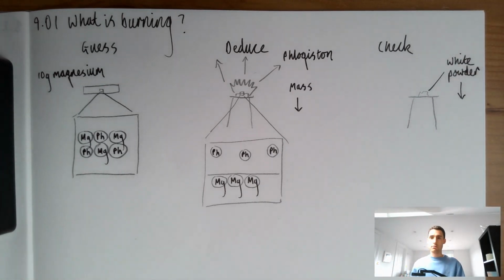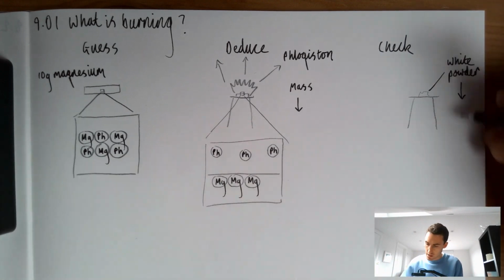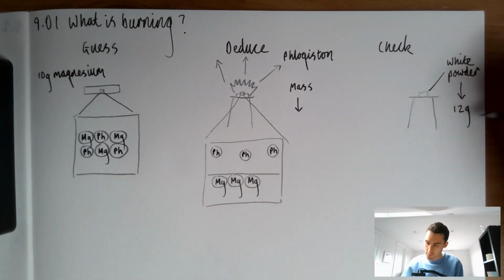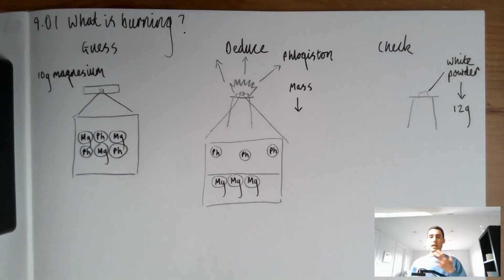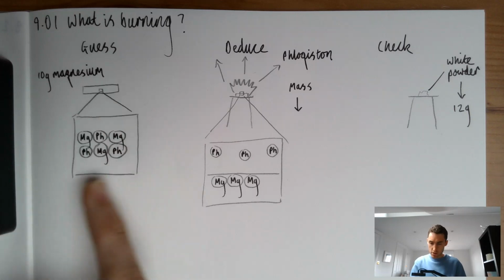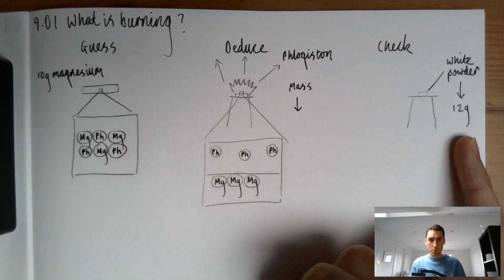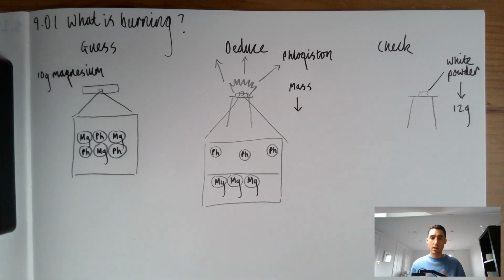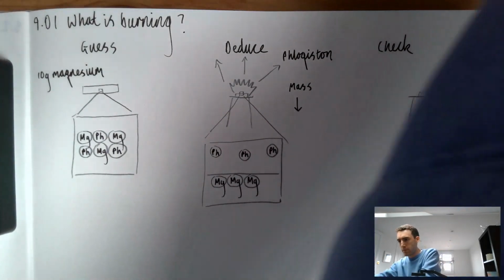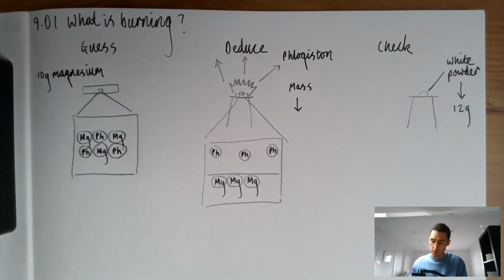Actually, this isn't less than 10 grams, it's more than, let's say, it's 12 grams. And again, this is where we want to really get them thinking scientifically. Well, what does that mean? We thought if phlogiston was true, the mass should go down, but when we actually do the experiment, the mass always seems to go up. What does that mean? Well, that means that the guess is wrong. And I might do that in a different colour just to really illustrate. In fact, let's be really assertive here.